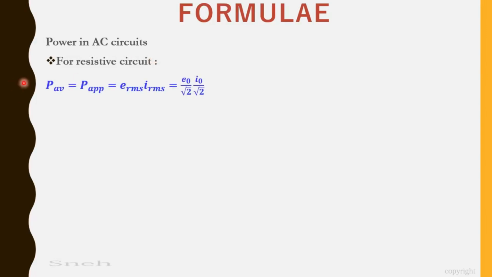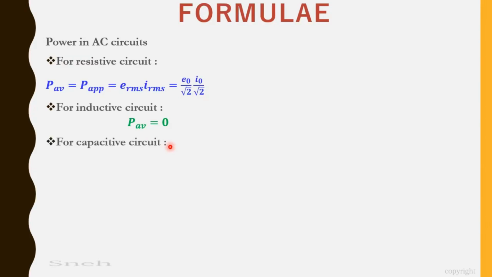Next formula in this chapter is related to power in AC circuit. First of all, we'll take resistive circuit, and for resistive circuit, power is given by P average is equal to P apparent, because we call it apparent power, and that is ERMS into IRMS, that is E0 by root 2 and I0 by root 2. For inductive circuit, average power is 0.